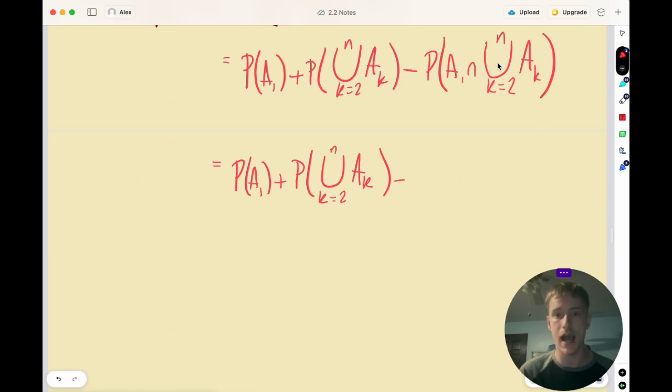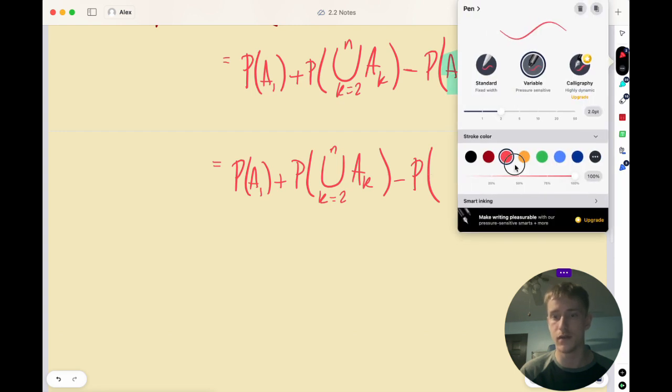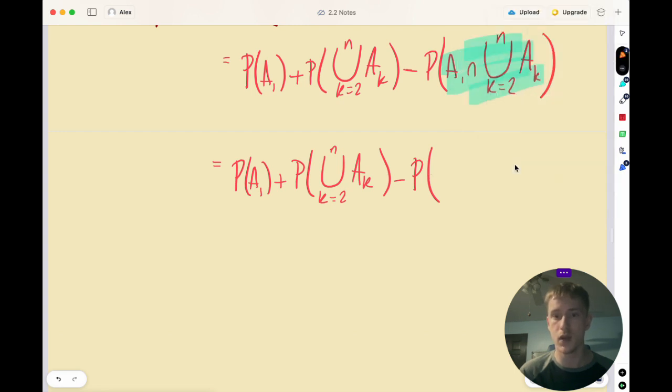So we're really going to have that this is going to equal the probability of the union k equals 2 to n of A1 intersect A sub k.